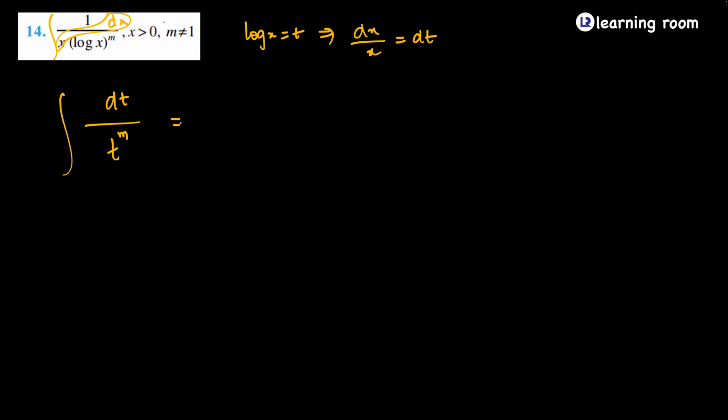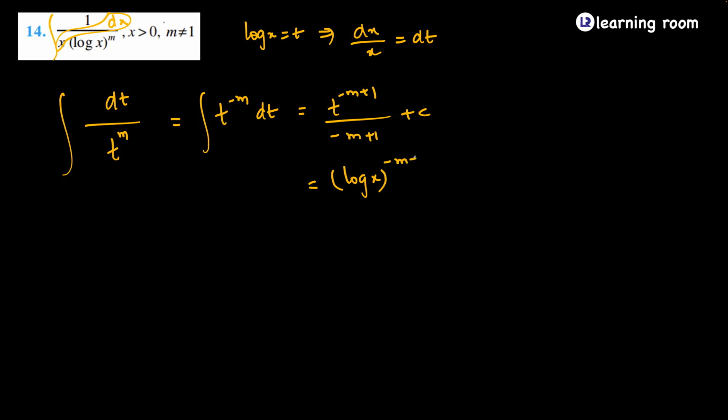So how much will this be? The integral of t power minus m dt. It will be t power minus m plus 1 divided by minus m plus 1 plus c. So how much will the answer be? Log x to the power of minus m plus 1 divided by minus m plus 1 plus c.